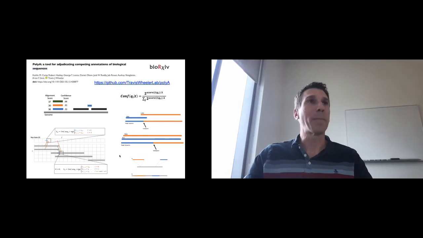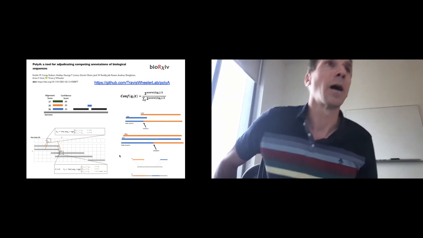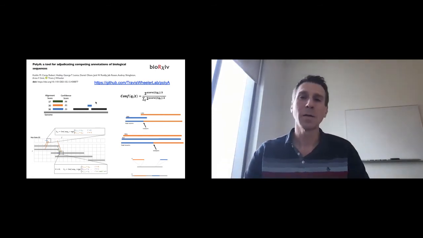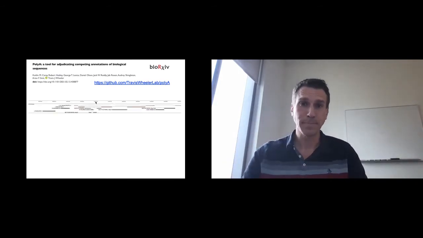So that method is implemented in a tool called PolyA, which is mentioned up here. We're currently working to incorporate PolyA into the Repeat Masker software suite, which is used for transposable element annotation quite widely, and it'll have a wide variety of other applications as well.